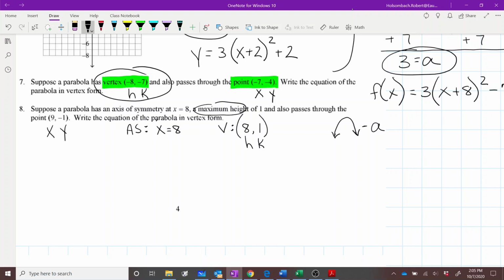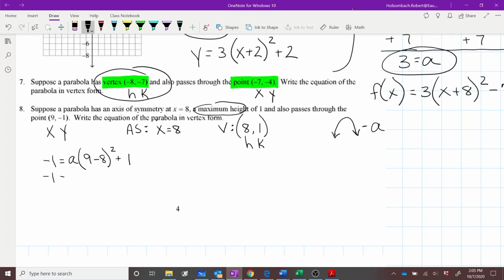We're going to go back to our vertex form. We're going to say -1 equals a times (x minus h), our x is 9 minus our h, which is 8, squared plus k. And again, we're going to solve for a.